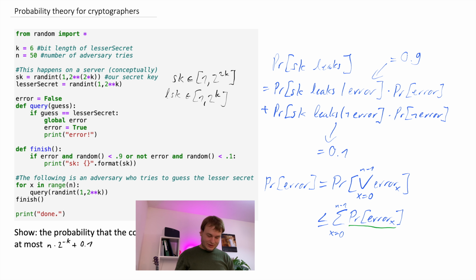Because now let's actually do this. The probability of the xth try is just: the adversary chooses a random integer between 1 and 2 to the k. And this Lesser secret here, well, he doesn't know it, or actually it doesn't matter whether he knows it or not. He chooses a random guess, so the probability of him hitting the Lesser secret exactly is just 1 over 2 to the k.